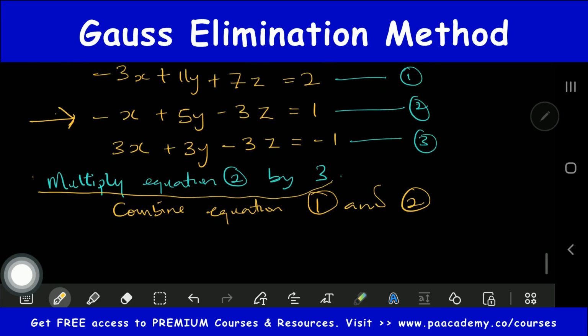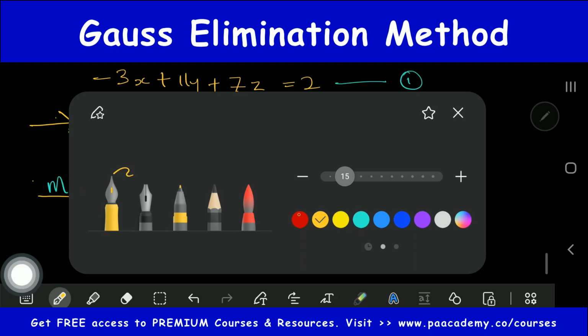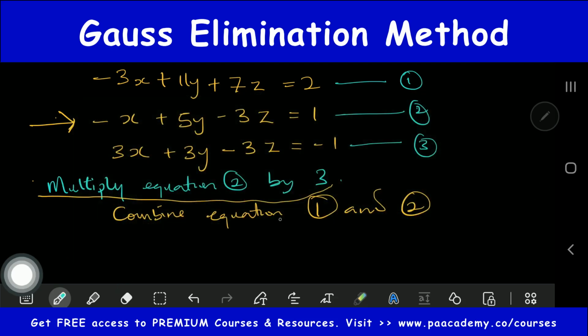In doing that, our equation can be written as follows. Remember I'm combining equation 1 and 2, so we are going to have minus 3x plus 11y plus 7z equals 2. This is our equation 1.